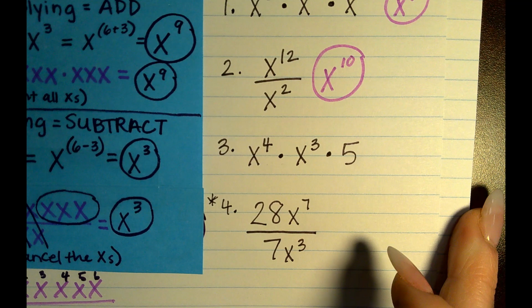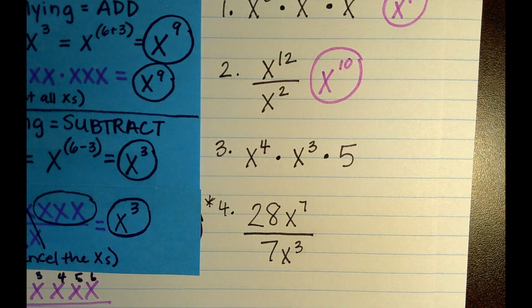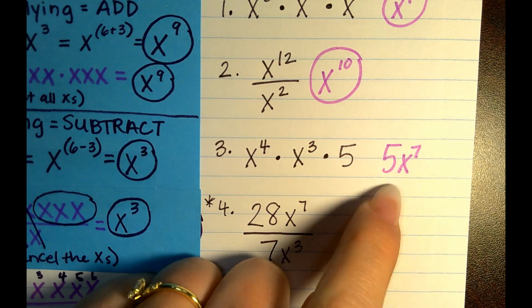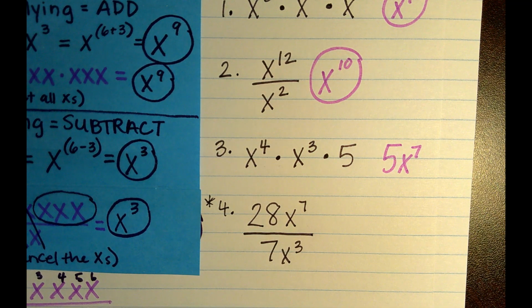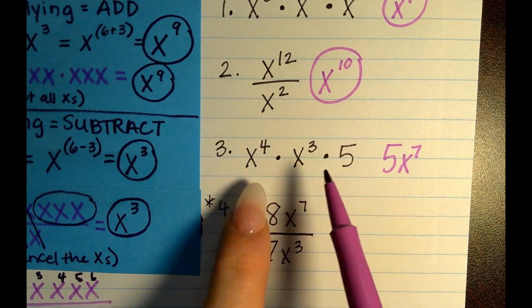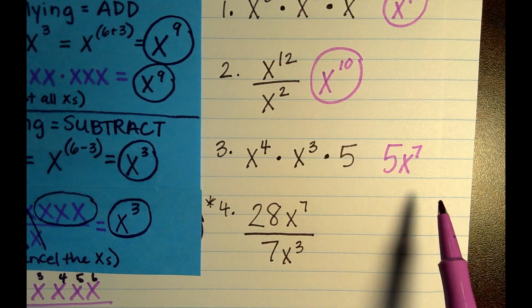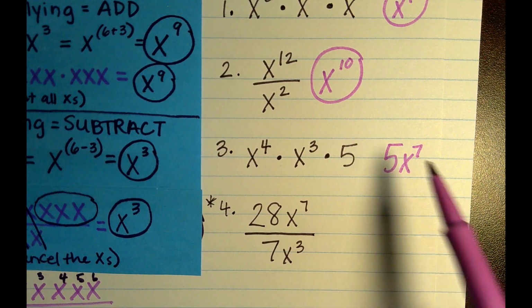Very good. Now, number 3 was a little tricky. 5x to the 7th power. Did anyone get something different? I did 5 times x to the 7th. Okay, 5 times x to the 7th. Well, guess what? That's exactly what this says too. So that's correct.